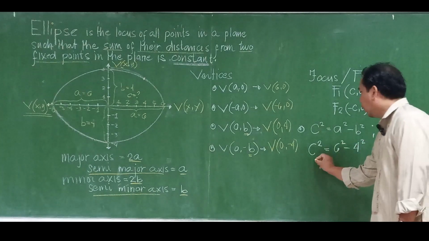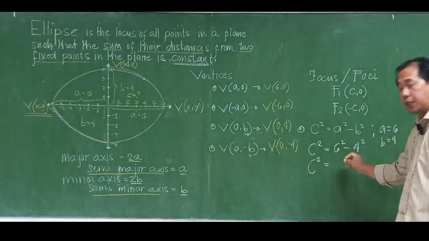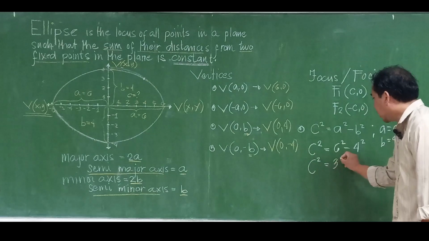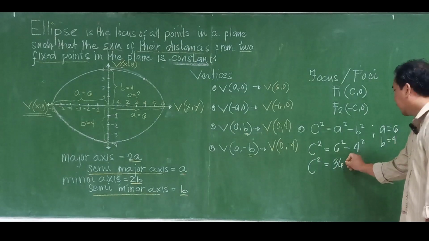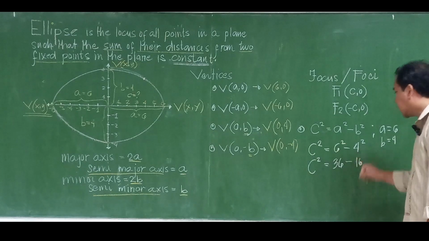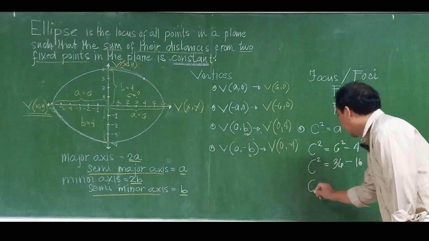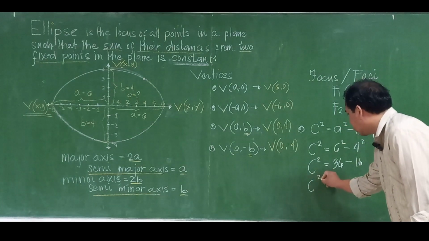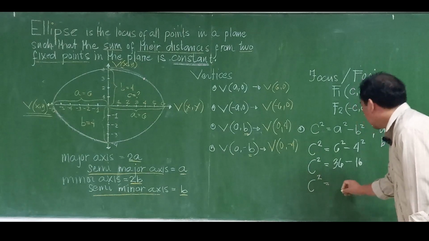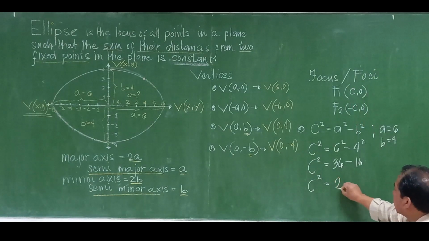So C squared is 36 minus 16, which is 20.